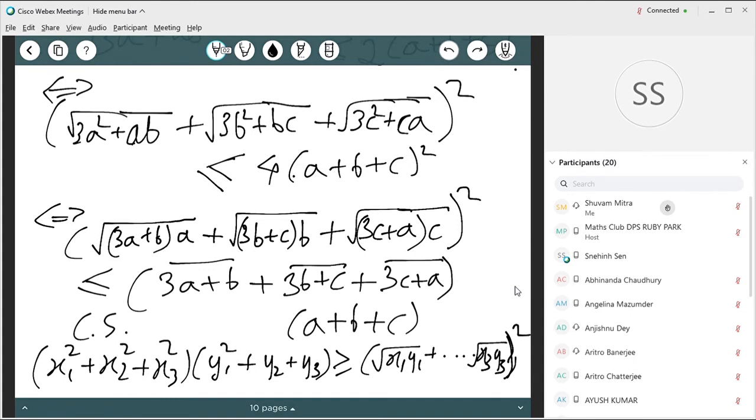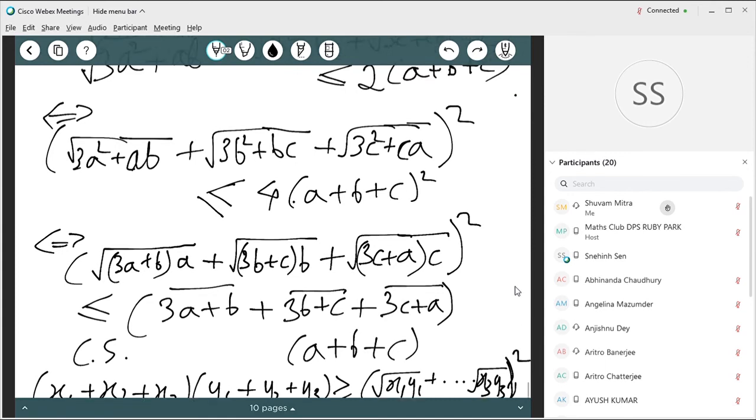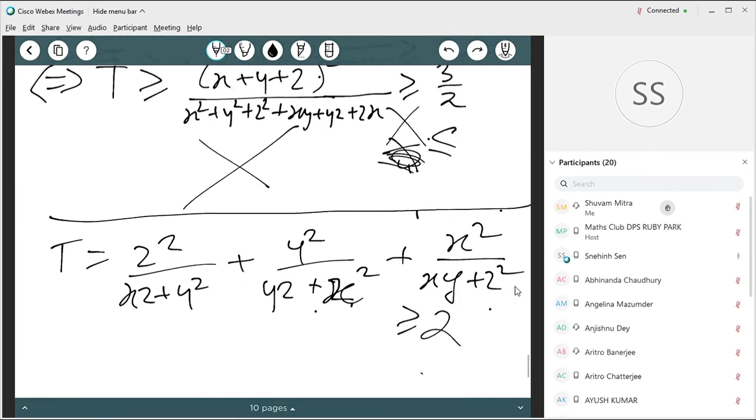So we are using this form of Cauchy-Schwarz. I just mentioned it above at the beginning of the previous example, most probably. Wait a second. Yeah, over here, we are using this form.